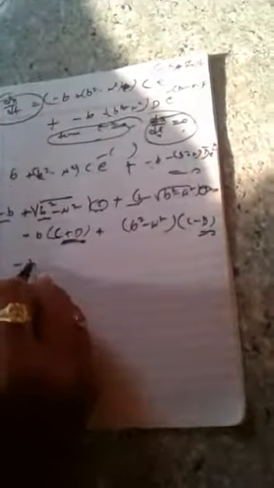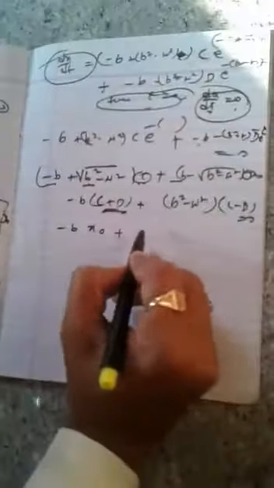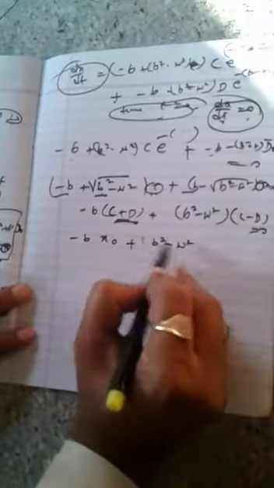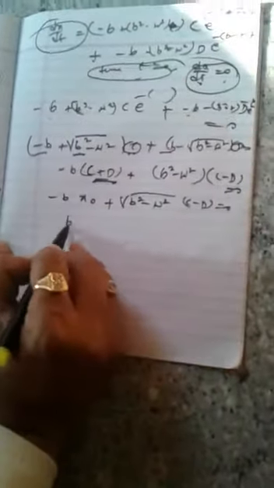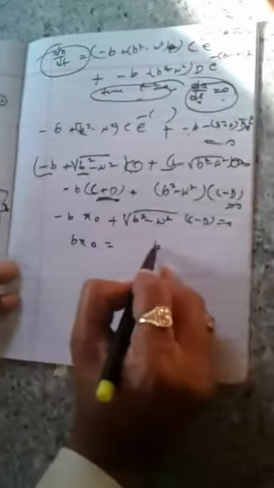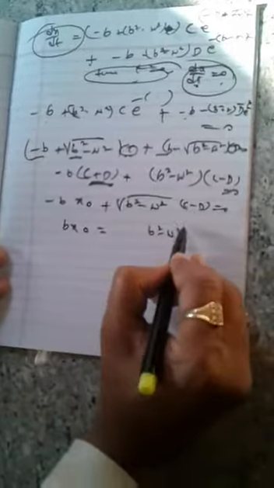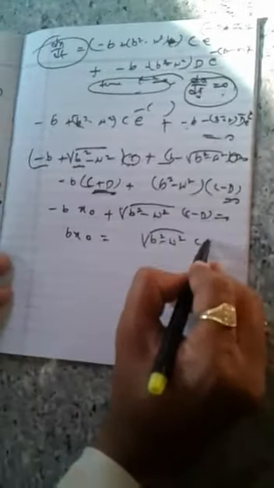If you simplify this, you will get this value. c plus d is what? c plus d is x naught, therefore minus b into x naught, plus square root of b square minus omega square into c minus d is equal to 0, or b x naught is equal to square root of b square minus omega square into c minus d.